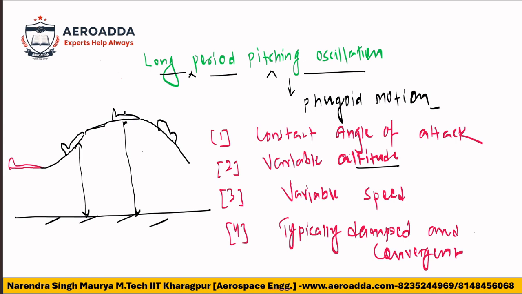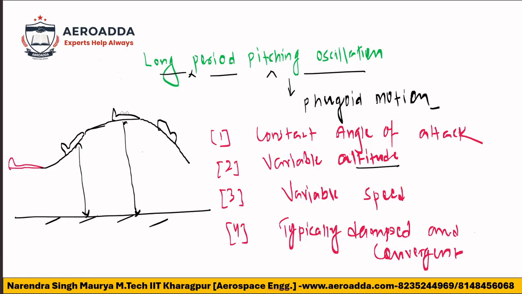And once it loses altitude, losing potential energy, kinetic energy will increase. So once potential energy is high, kinetic energy will be less; when kinetic energy is high, potential energy will be less, and the total energy stays constant. I'm talking about long period pitching, so in this situation there will be an exchange of energy. There will be oscillatory motion, no doubt about it.